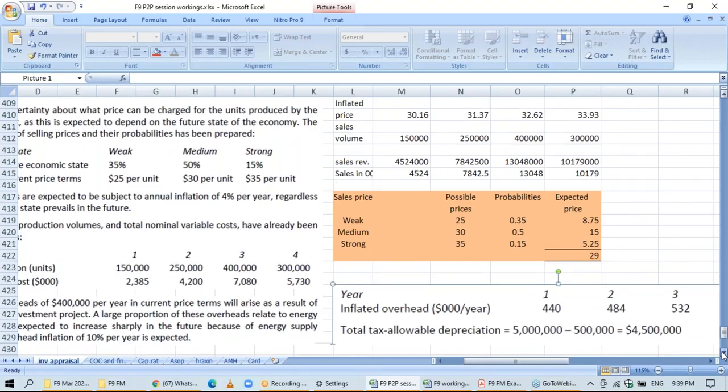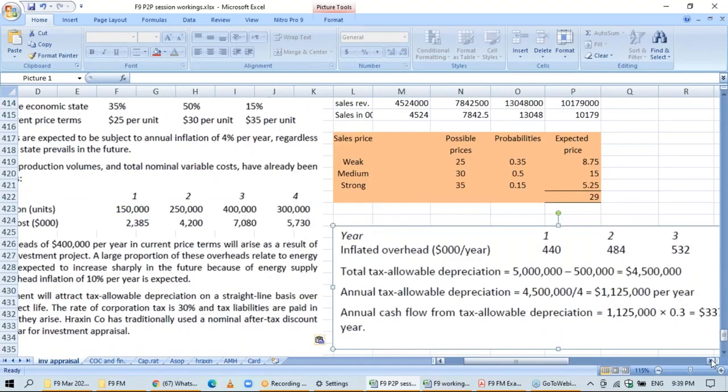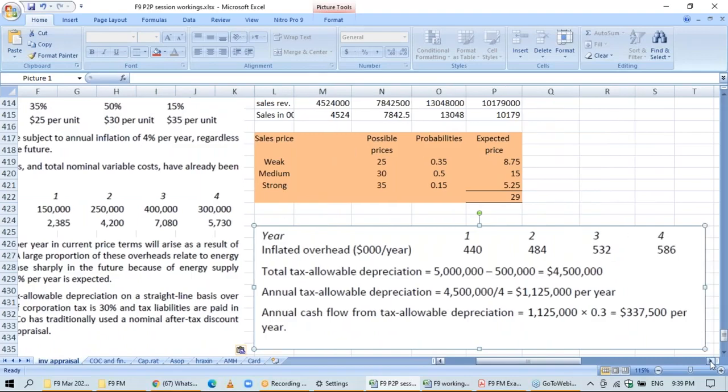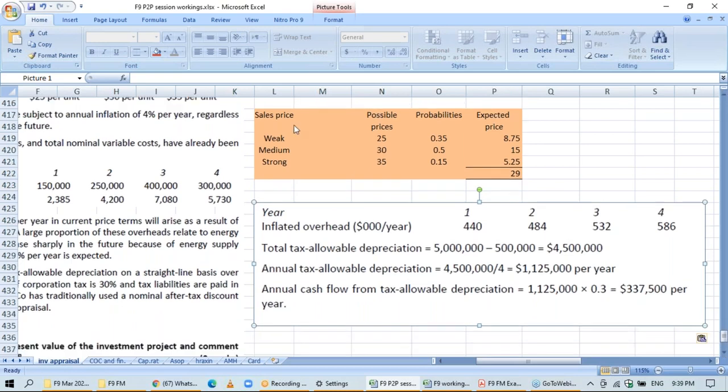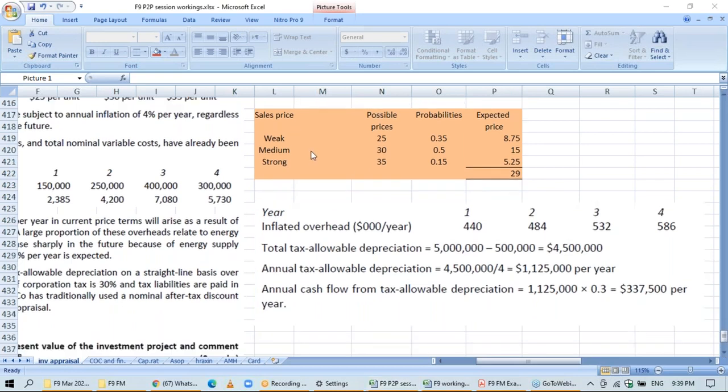Inflation is 4%, so we have increased the factory overheads as well, which are 400 for the current year. I have increased it by 4%. And then the tax depreciation is going to be based on 4.5 million, with a residual value of 500,000, and tax depreciation on a straight line basis.